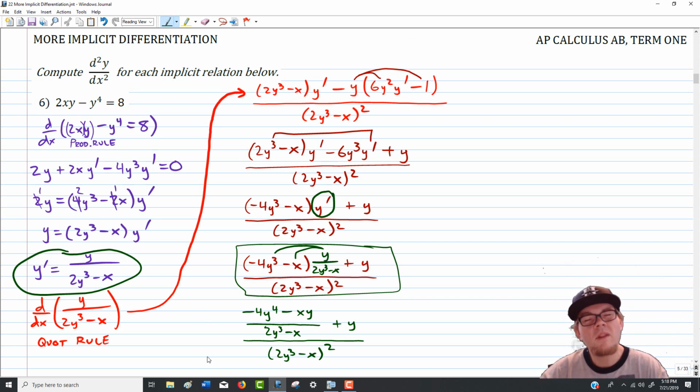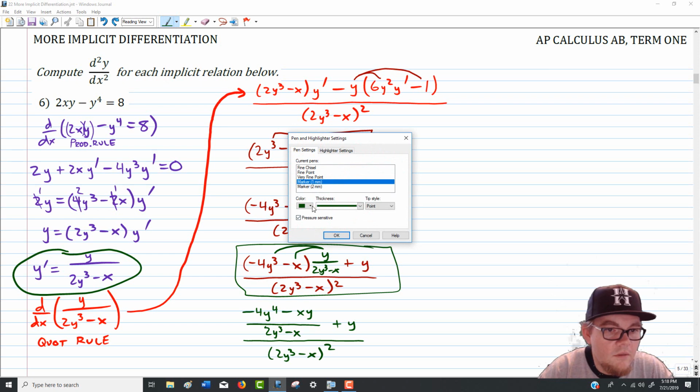But again, I'm one of those people that really wants to finish this off in its fullest, greatest glory. What I notice is that right here we've got a denominator in the numerator, making this complex fraction kind of annoying. We've got that 2y cubed minus x, and we also have 2y cubed minus x down in the denominator of the full thing.